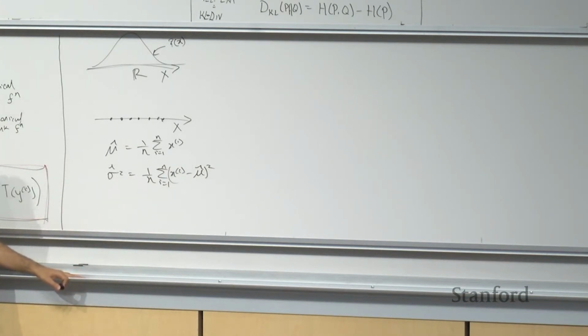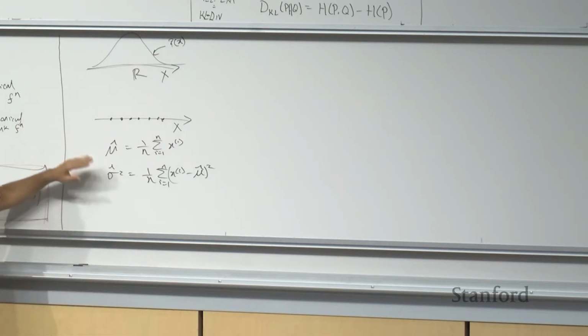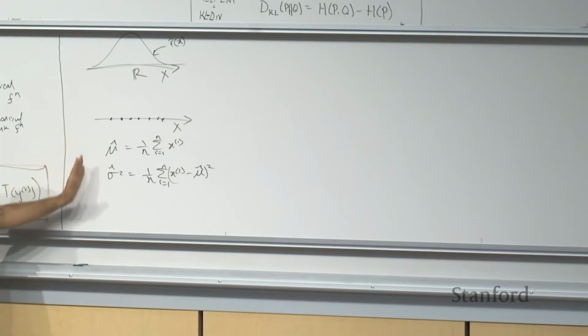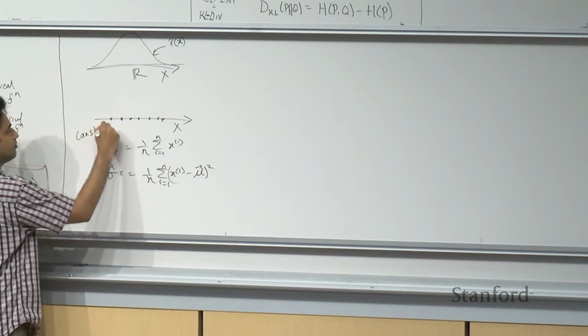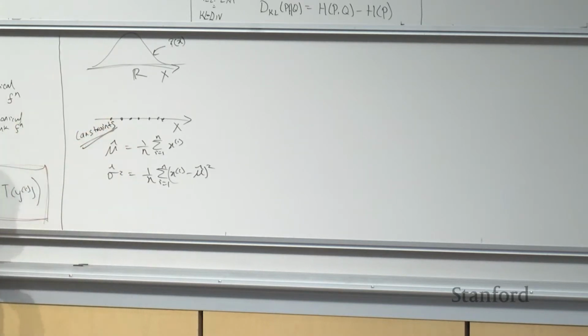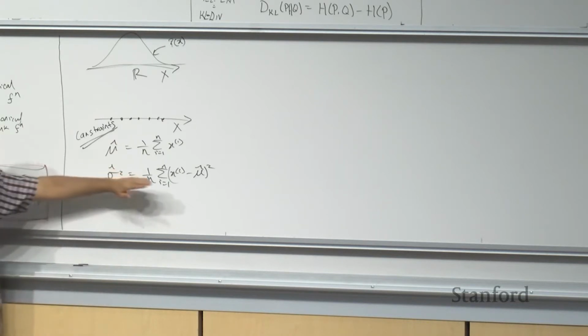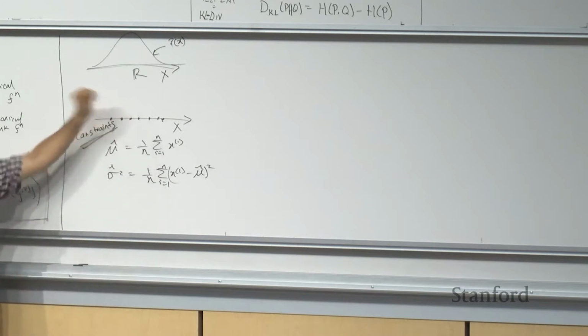The maximum entropy principle tells us that our estimate for P of X should be a probability distribution that is subject to these constraints, and these are hard constraints. The constraints define a set of all probability distributions that are called feasible. Any distribution that satisfies these is a feasible candidate for our estimate.